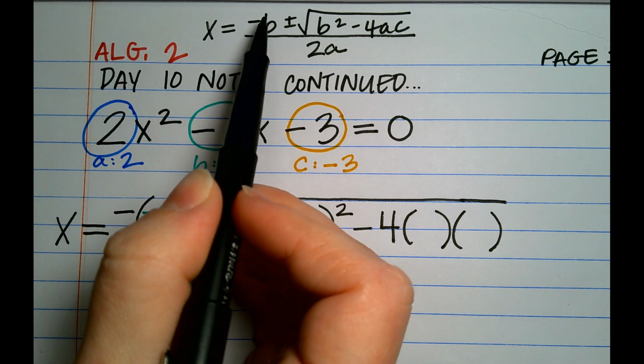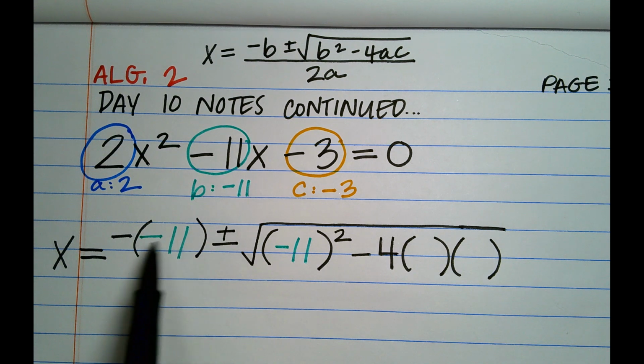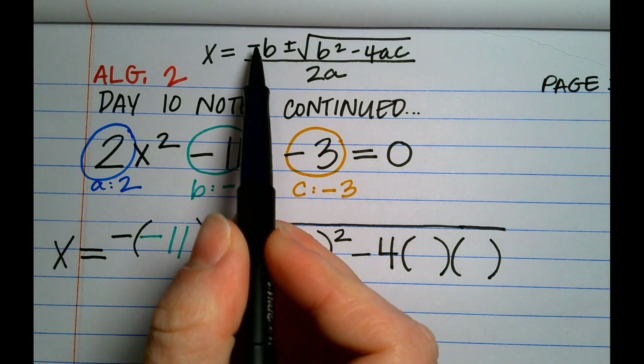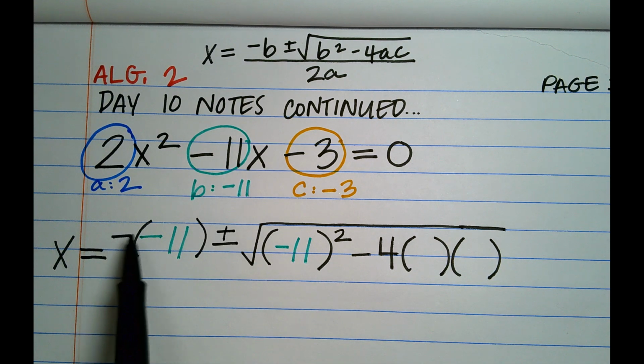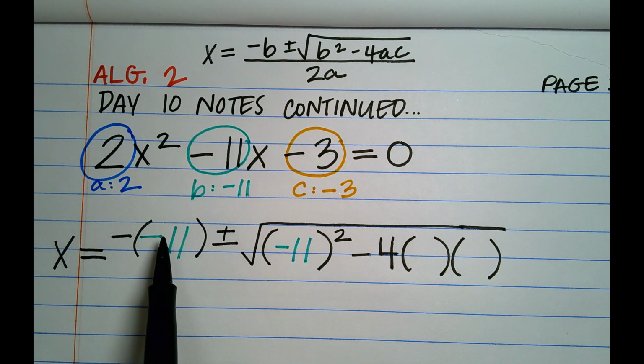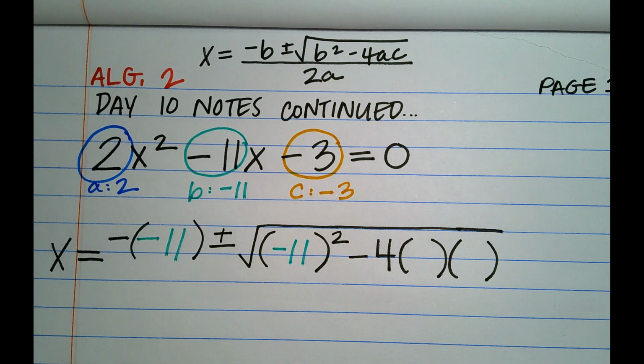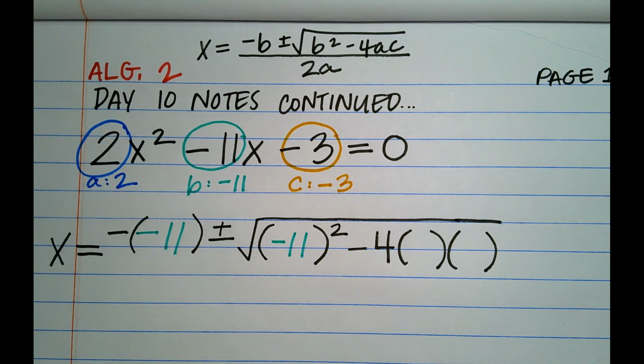Just like here, when we wrote negative 11, because b is negative 11, the formula has a negative sign in front of b. That's why we still have to put the negative sign out in front of negative 11. So that's a great question too. We still do minus 4 because that's what the formula tells us to do, okay? The formula cannot be changed. We only write it exactly as it says.